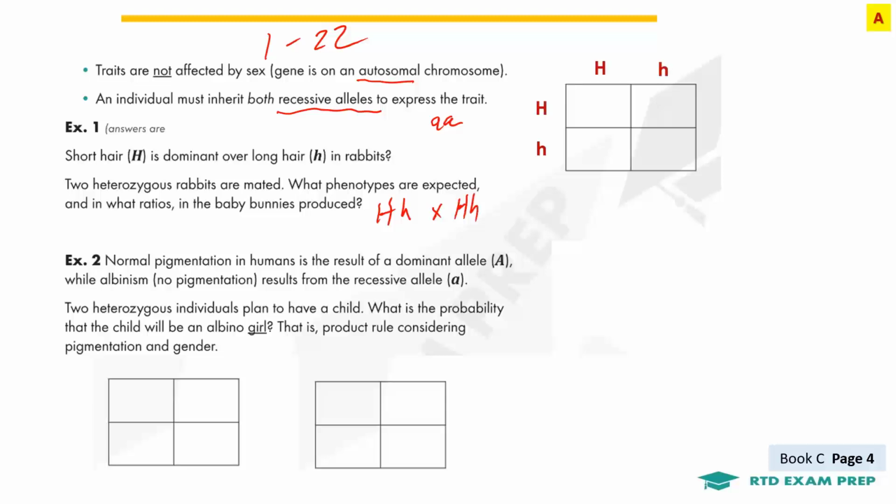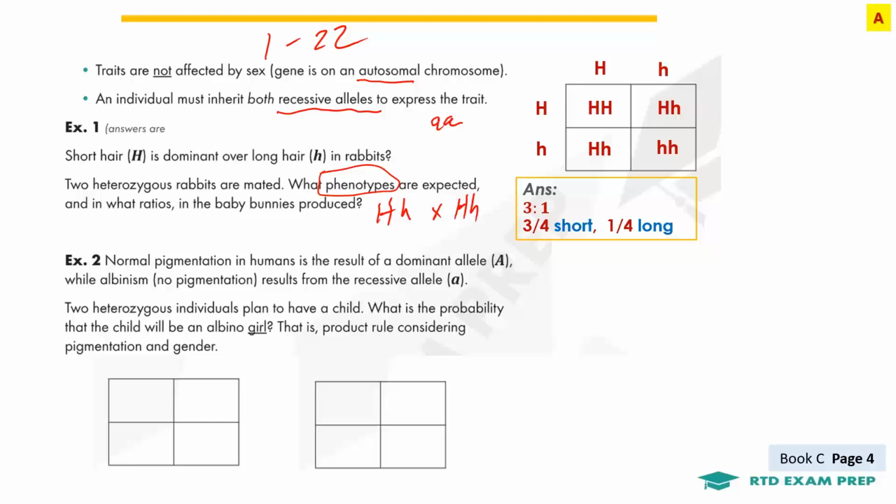So we've set up our Punnett square with both parents. Now, do your crosses. So we're going to have big H, big H, big H, little h, big H, little h, and little h, little h, and we're solving for phenotype. What does it look like? That's our question. And you should have had 3/4 of them are short, 1/4 are long, for a 3-to-1 ratio.